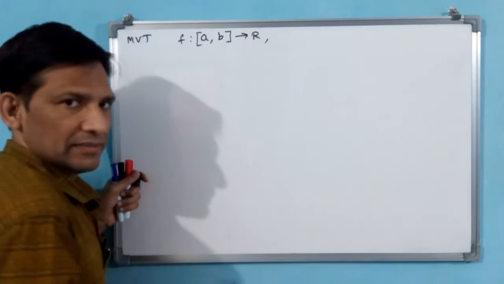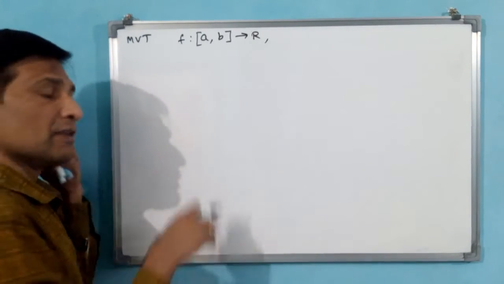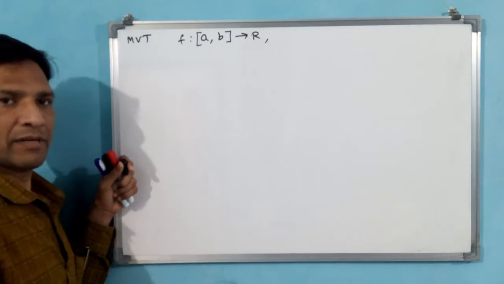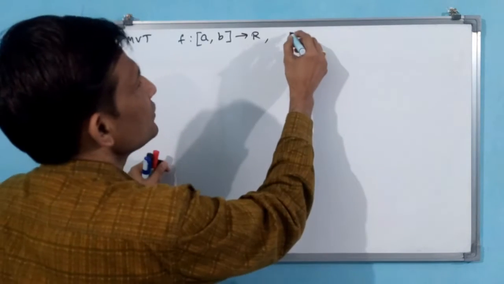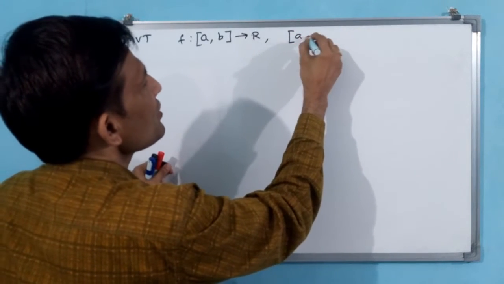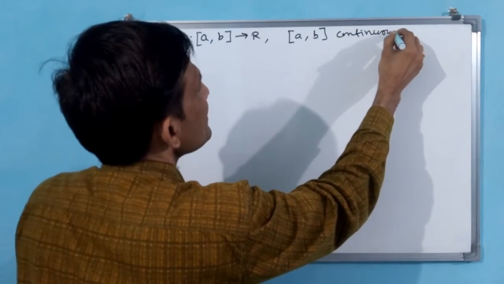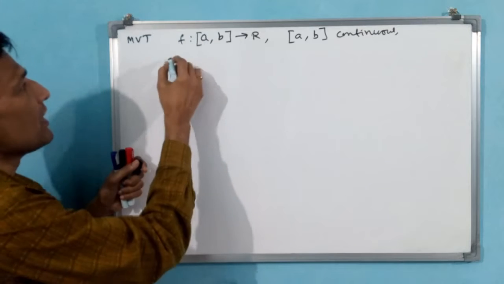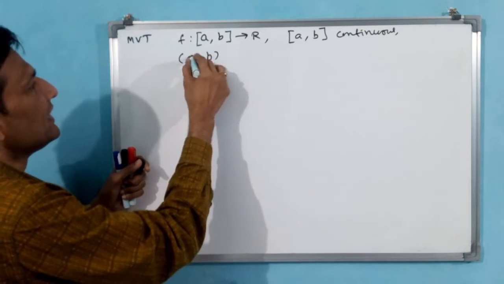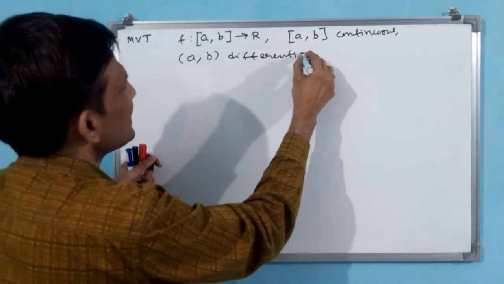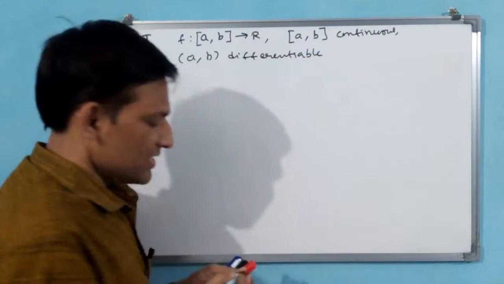I am writing horizontally, not vertically. This is a real valued function. Afterwards, it should be continuous, and also differentiable.